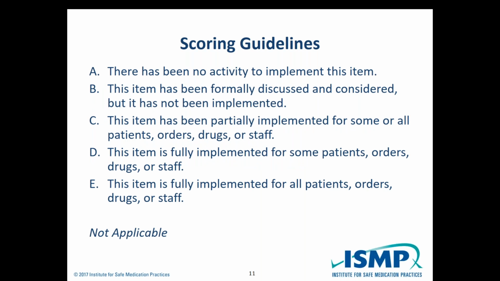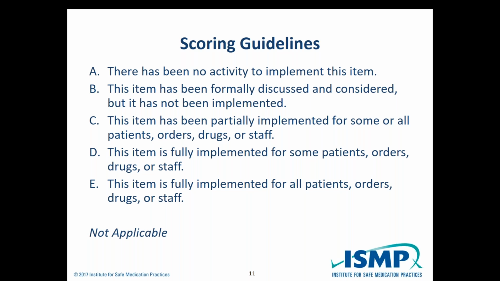The scoring guidelines, once again, are a Likert scale from A, there has been no activity, up to E, that this item is fully implemented for all patients, orders, drugs, or staff throughout the institution, clinic, or ambulatory center, whoever is doing this assessment.